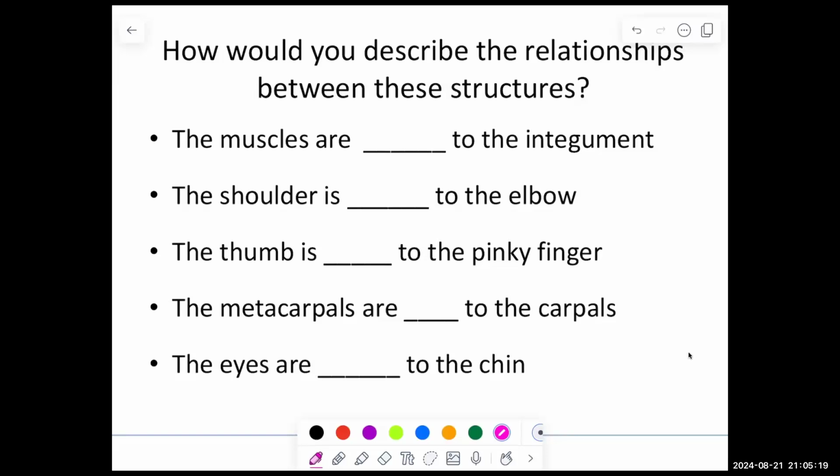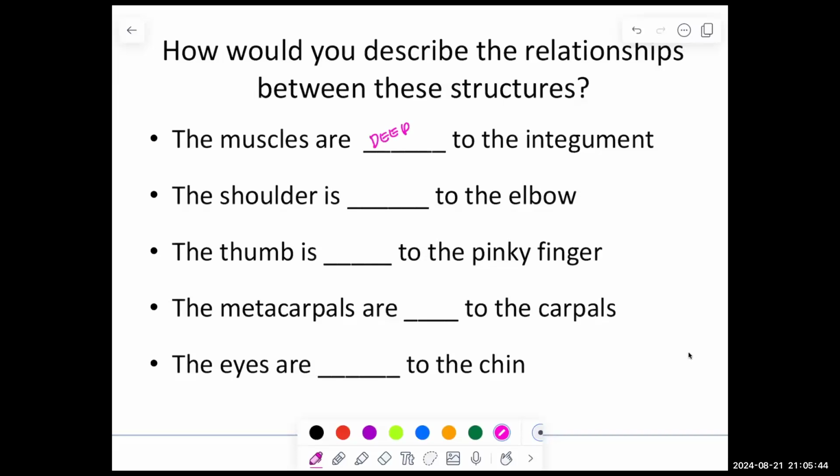So the first example, the muscles are blank to the integument. The integument is the skin. So the muscles relative to the skin are what? The muscles are deep. They're below the skin. The shoulder is blank to the elbow.